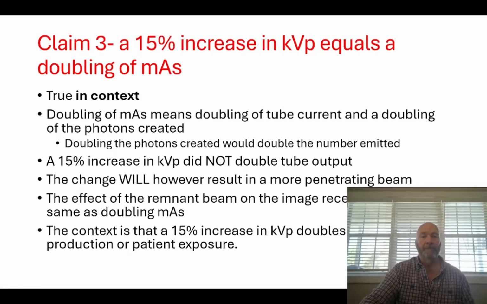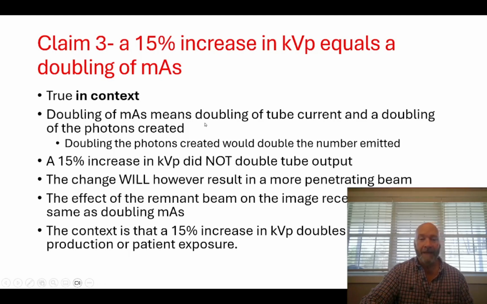So claim number 3: a 15% increase in kVp equals a doubling of the mAs. That's true in context. It's not completely true. What we get with a 15% increase in kVp is we truly do get an increase in tube output, but where the change is most significant is post-patient. The effect of a 15% increase in kVp at the image receptor is the same as doubling the mAs, but it does not really equate to a doubling of the mAs as far as tube current and the output from the X-ray tube goes.